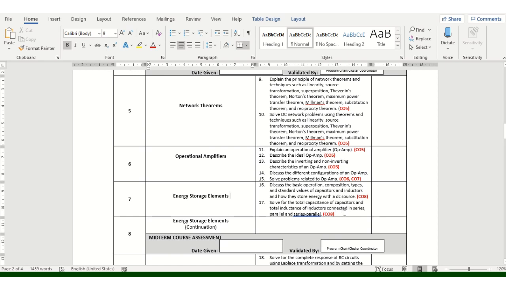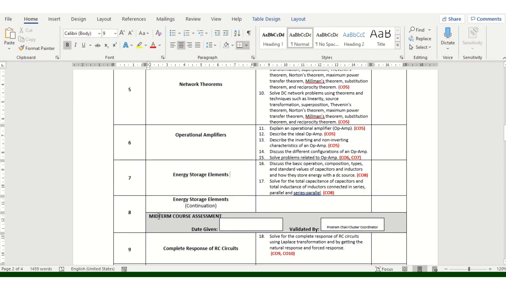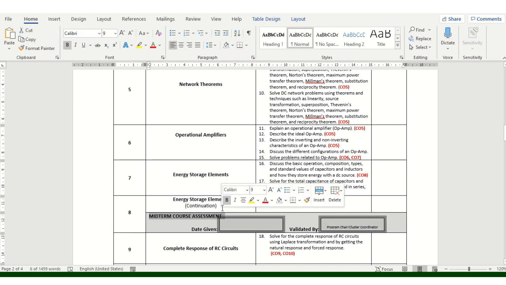How do we treat these elements, this network of elements, where they are connected in either series or parallel? How do we treat them and how do we simplify them? The discussion will cover up until week 8, where that week will end with a midterm course assessment.